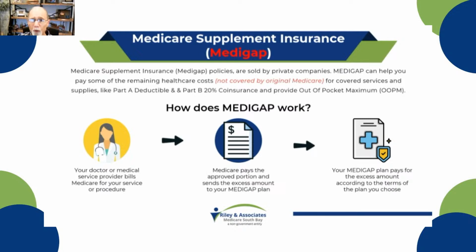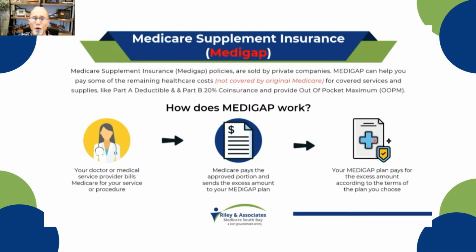So when you go to a provider, whether it's a hospital or a doctor, you're going to give them your original Medicare card plus your supplemental Medigap card. Okay. And they're not going to bill you anything. They're going to bill Medicare for the services they provide. And then Medicare is going to pay their portion and then bill the balance to the Medigap supplement company.